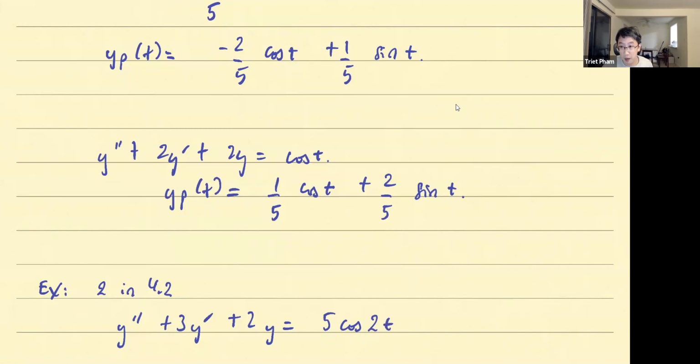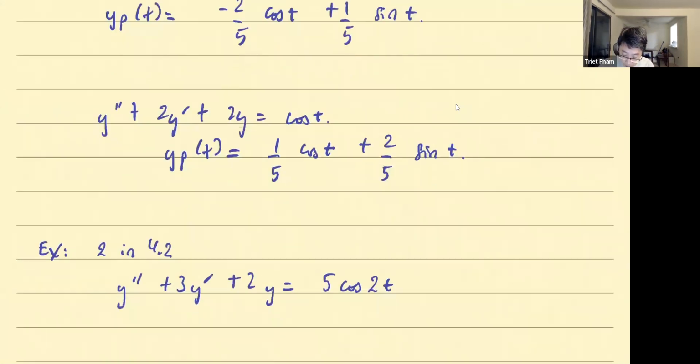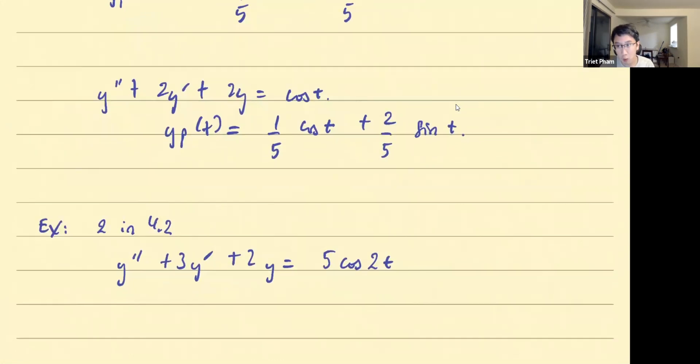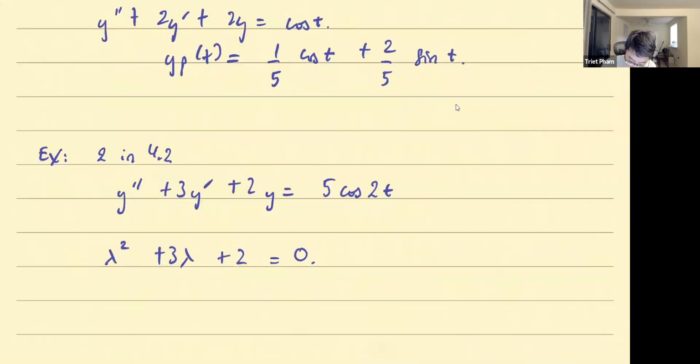All right. So I want to demonstrate that it doesn't have to be just cosine and sine t. Ignore the YH for now, okay? There would be an issue. You really need to check the YH too. Maybe let me just do the YH because I think there's something there. So lambda squared plus 3 lambda plus 2 is equal to 0. Lambda is -3 plus minus square root of 9 minus 8.